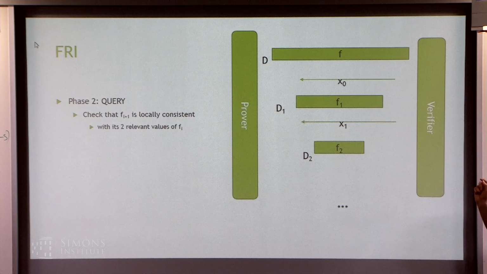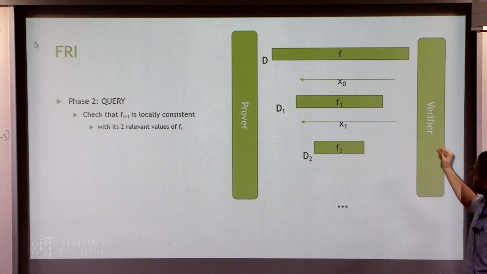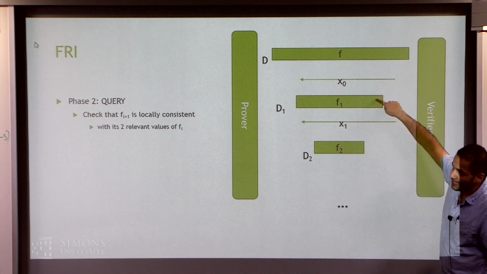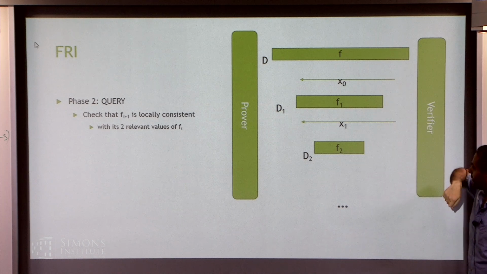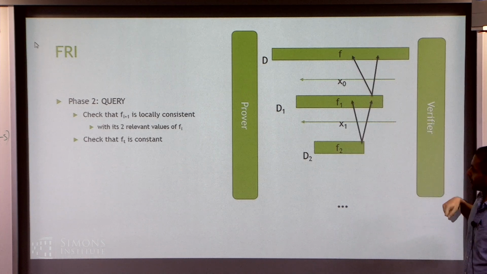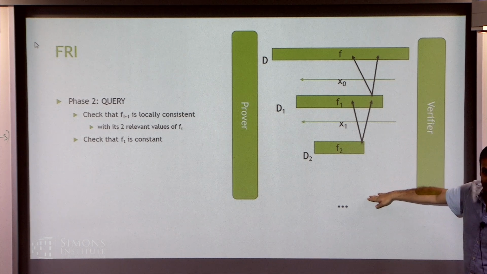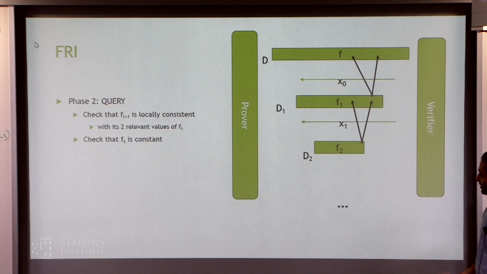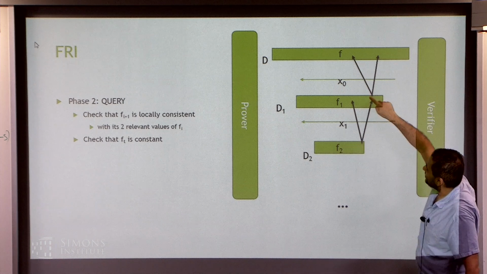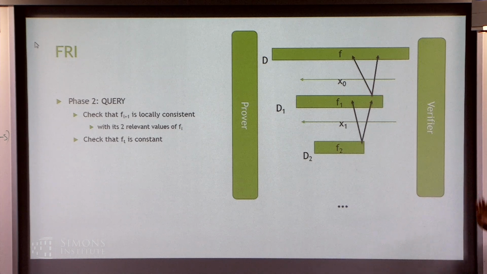It's almost obvious what we want to do. First, we use the locality property to check that each fi is consistent with its fi minus 1. So you check this is consistent, and finally you check that the last one is constant, and this is the protocol. There are some subtleties in where you do the checking, but at this level of talk, it all works.